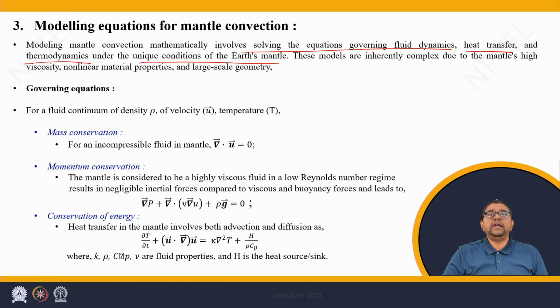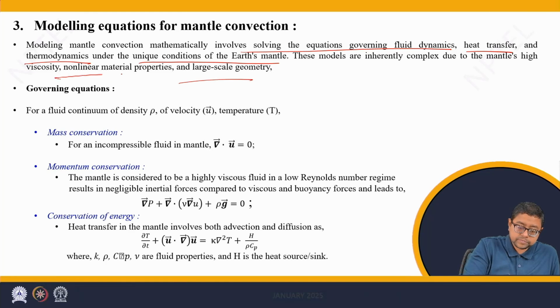They are inherently complex and the mantle's high viscosity affects the motion of fluid and fluid-like solid rock. These models are inherently very complex, adapting to the mantle's high viscosity, the material properties and large-scale geometry. So let us look at the mathematical expressions for the governing equations.